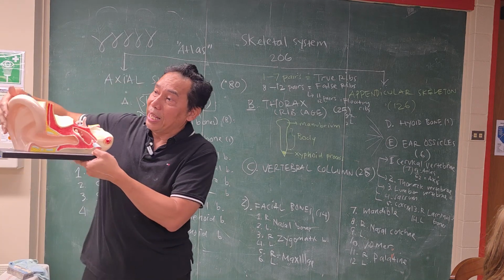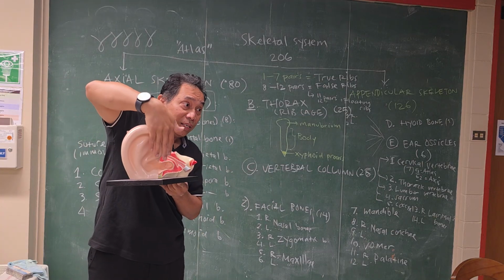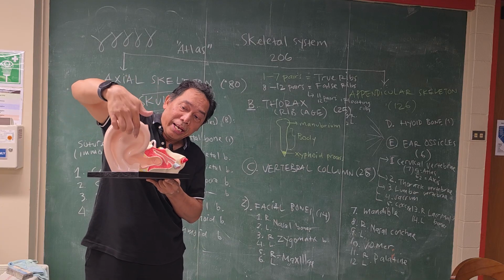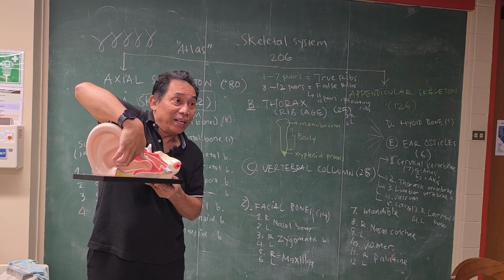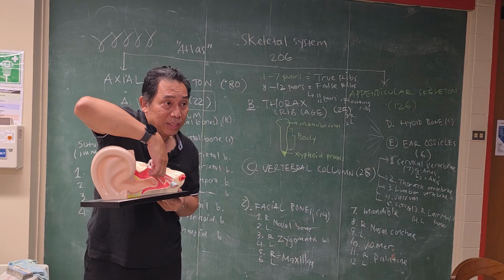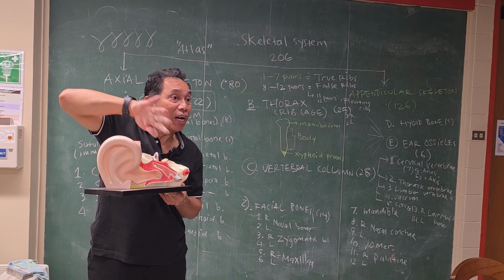The ear is actually divided into 3 parts. The outer ear consists of the auricula, which is the earlobe, and then the ear canal entering into our ear. Well, that's still part of the outer ear. And then the membrane, the eardrum, is still part of the outer ear.